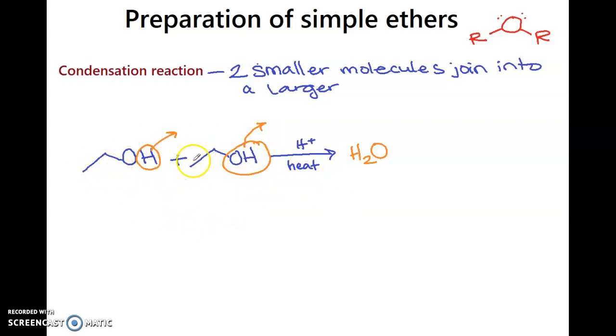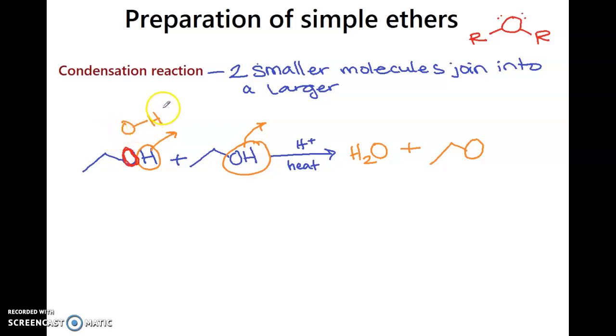Now this oxygen group is still there, and that's going to be this oxygen right there. So let's consider moving this one over to make our ether. There's our oxygen, and of course this hydrogen, let's expand that and think about it.